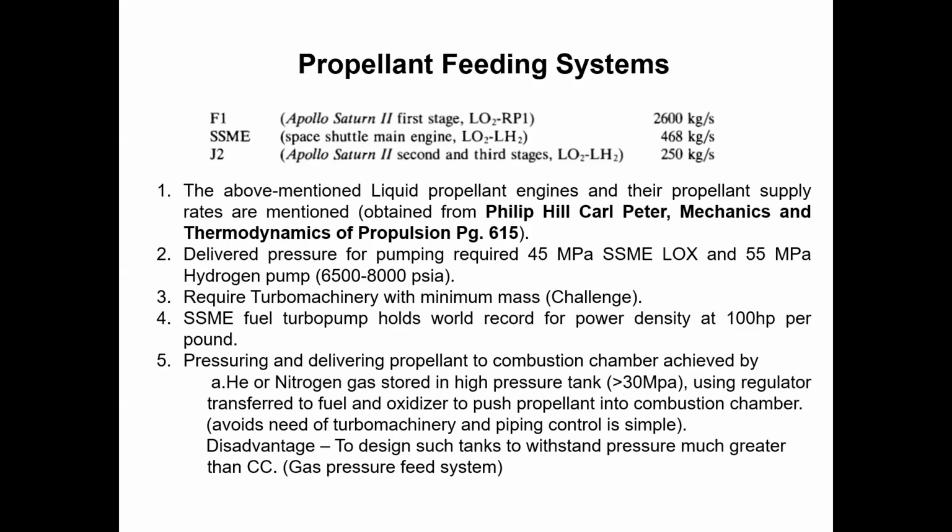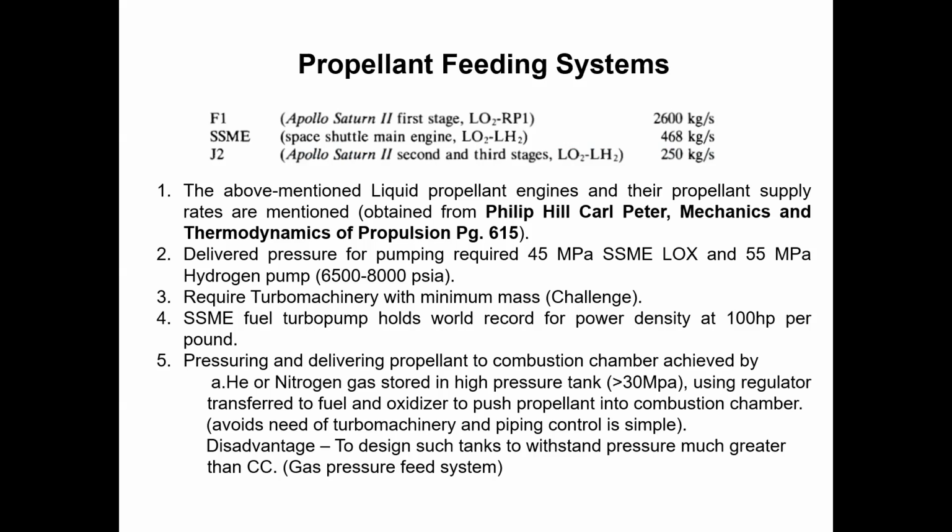The main challenge is, how do you design turbo machinery, a system which does not add much mass to your rocket system, and still is able to pump that much fuel and oxidizer? That's the main challenge. SSME is a massive engine, and it had a world record of creating a power density of 100 horsepower per pound, as you will see in the next slide.